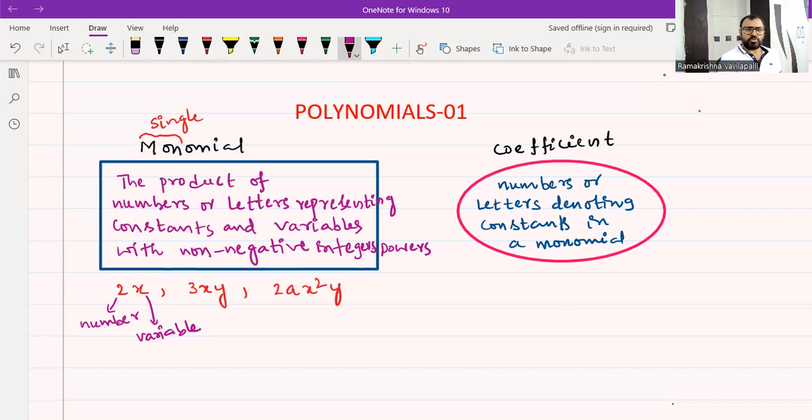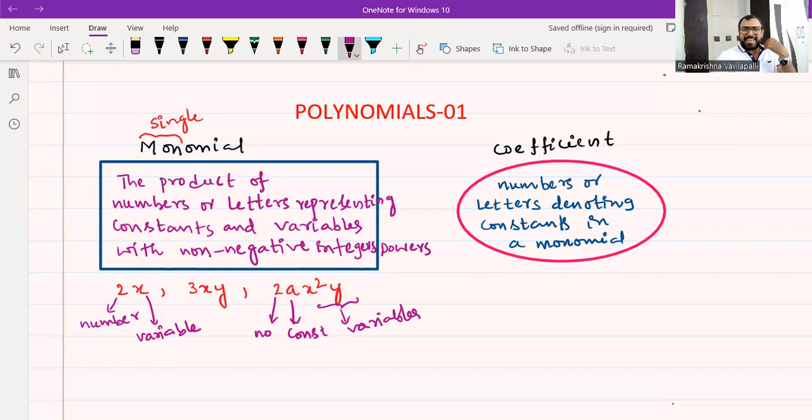Now you see here 2 is a number and a is a constant, right? And these are the variables. You can take any number of variables, but with only non-negative integer powers. So this all comes under monomials.